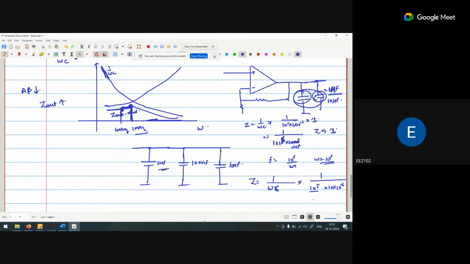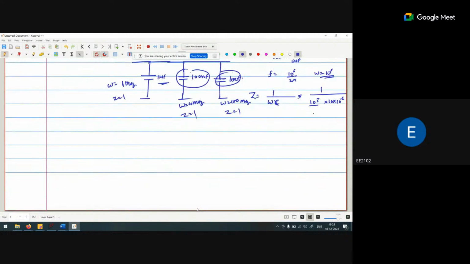For this one, I know at omega equal to 1 megahertz, Z value is 1. For this one, I know when omega is 10 megahertz, Z value will be 1. For this one, I know when omega is 100 megahertz, the value of Z will be 1. Okay? So we have the span now.